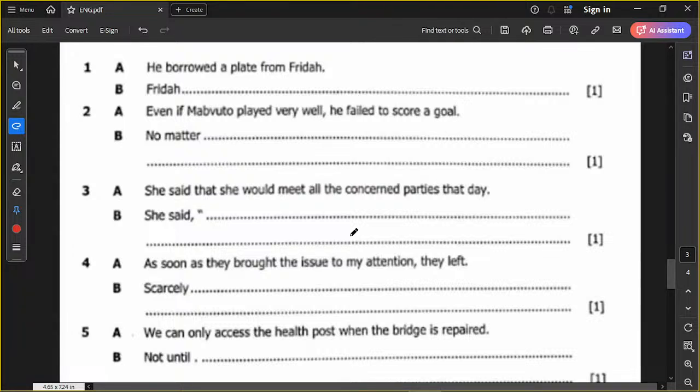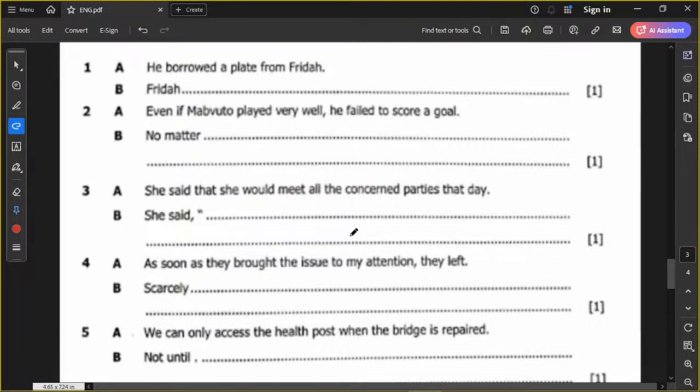Okay, so the question is, he borrowed a plate from Frida. Start the sentence B with Frida. Before I write the second sentence, I want you to write it for this one. How do you write he borrowed a plate from Frida, by starting the sentence with Frida?